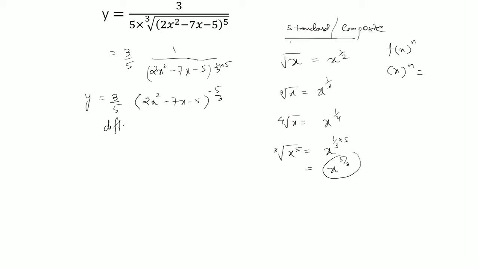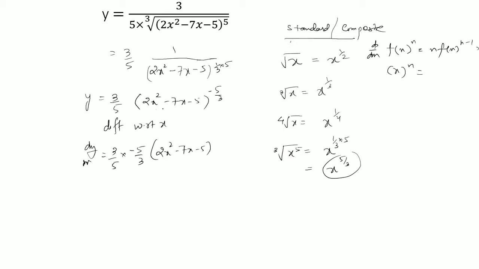Now we will do its differentiation. Differentiating with respect to x, we'll get dy by dx is equal to 3 by 5 remains as it is into minus 5 by 3 into (2x square minus 7x minus 5), now we need to take the derivative. What is the derivative of f of x raised to n? I'll write it: n into f of x raised to n minus 1 into derivative of f of x.